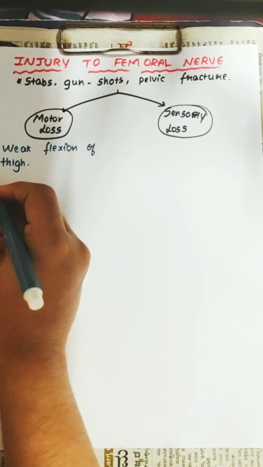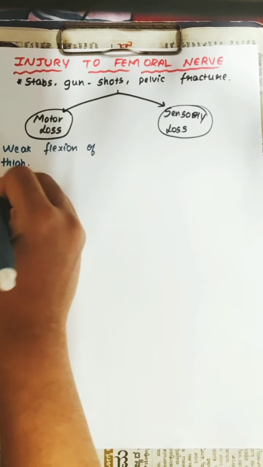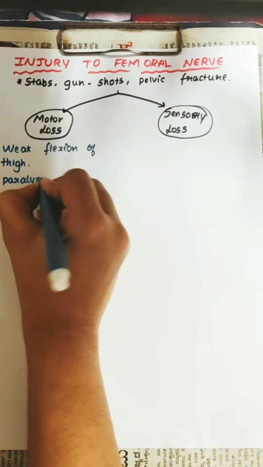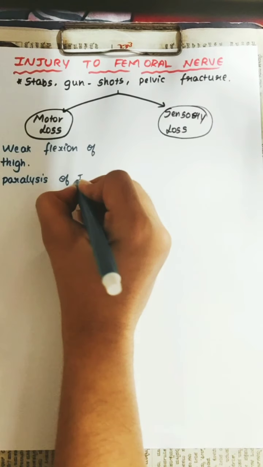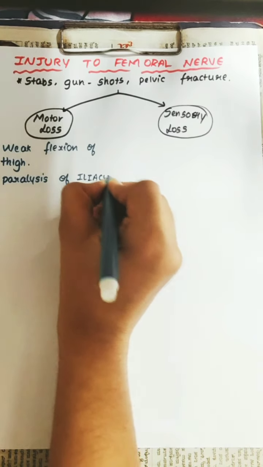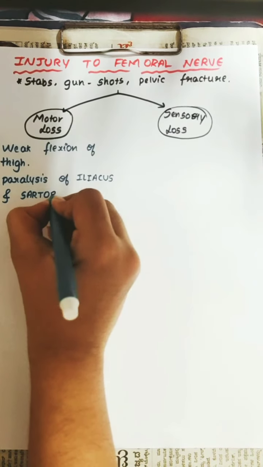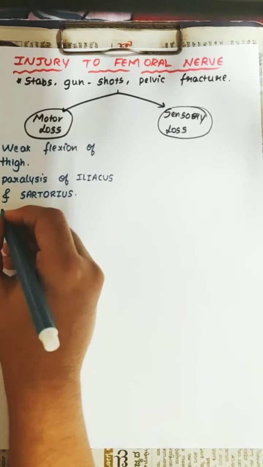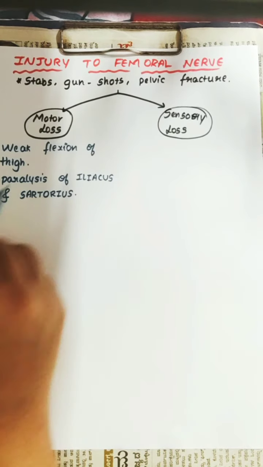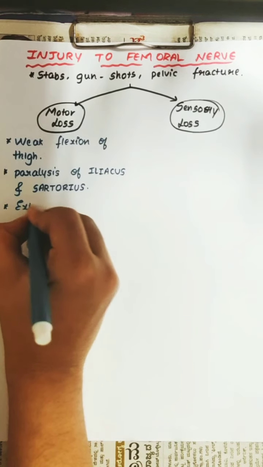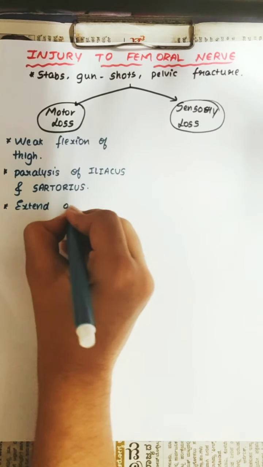Then there might be paralysis of the iliacus and sartorius muscles. We won't be able to extend our knee properly.